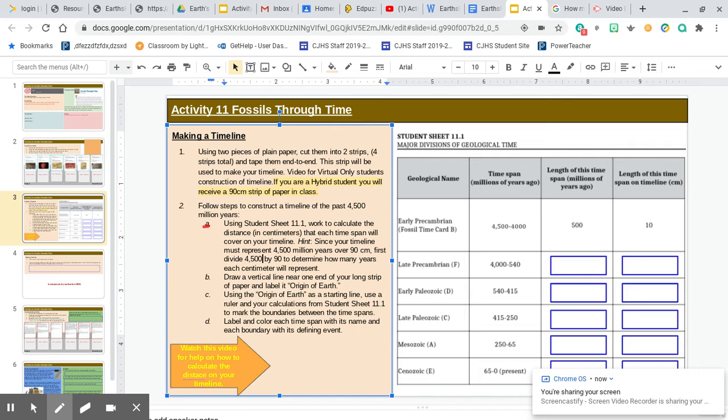So what that's saying is our entire timeline represents the existence or the origin of Earth to now.